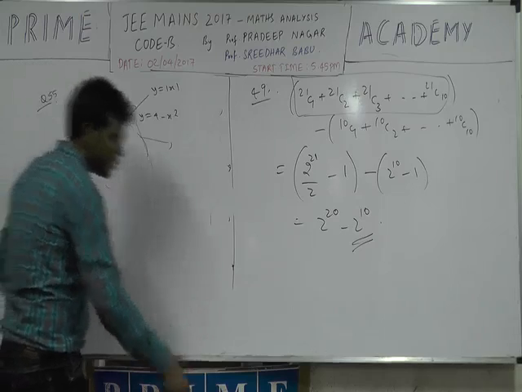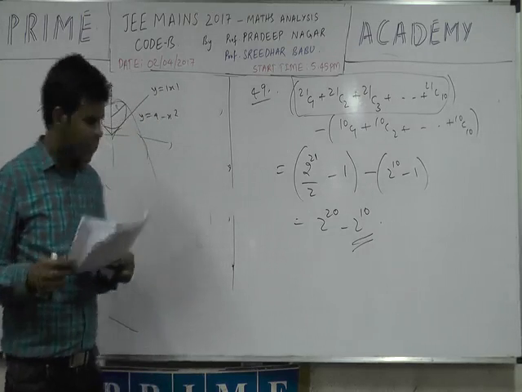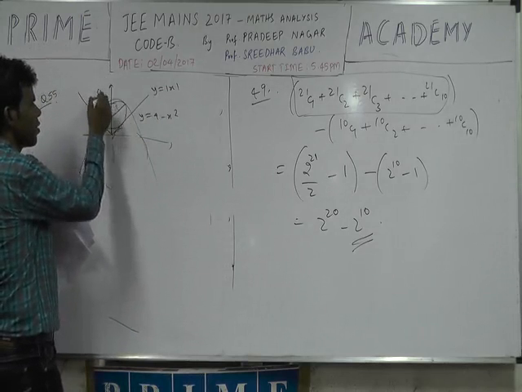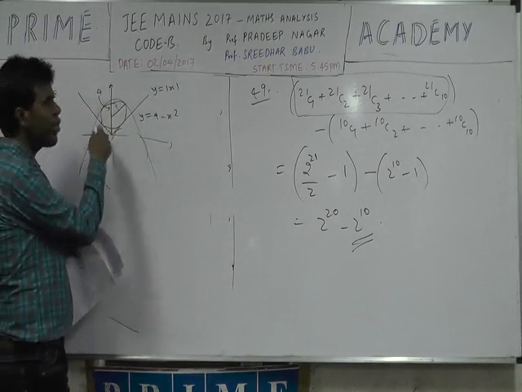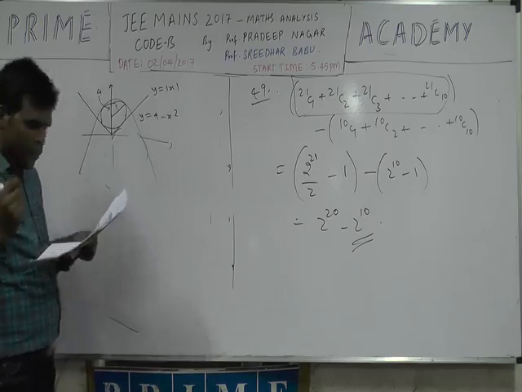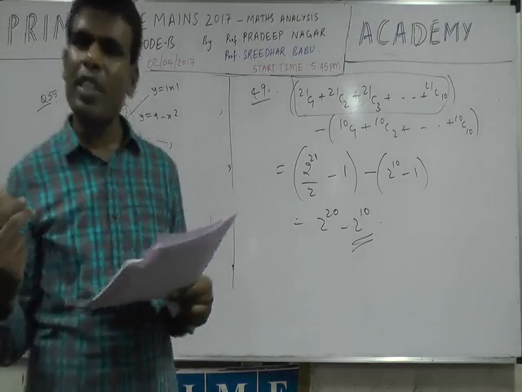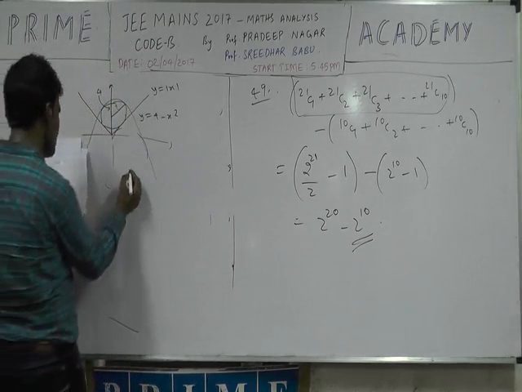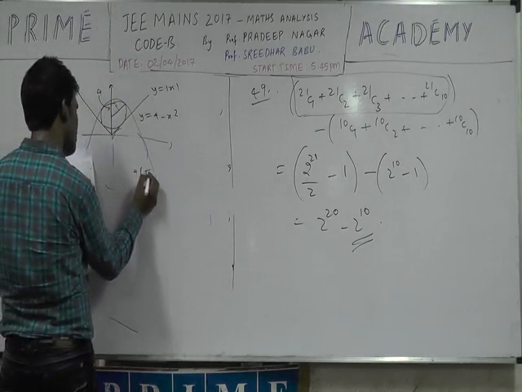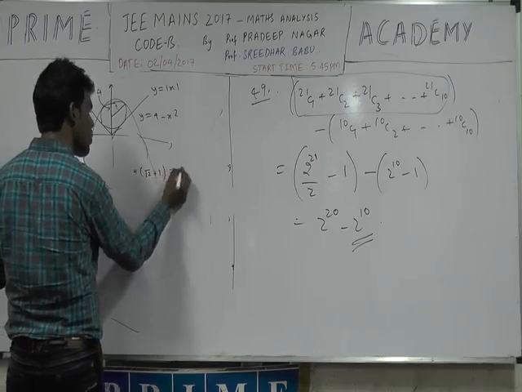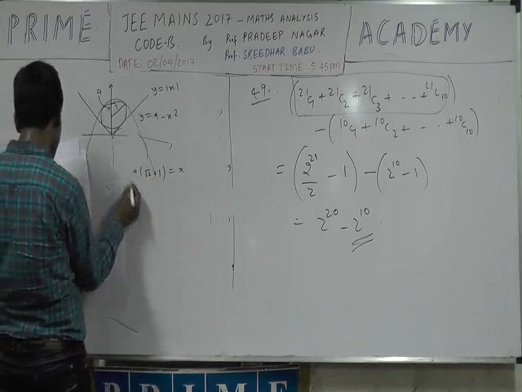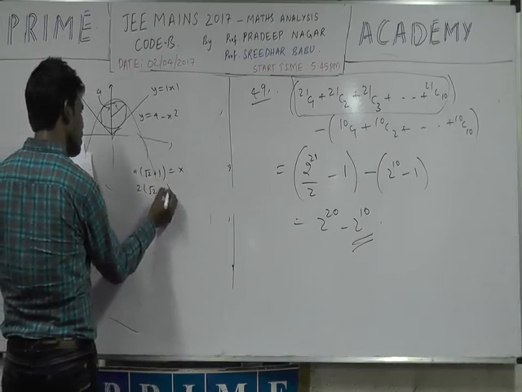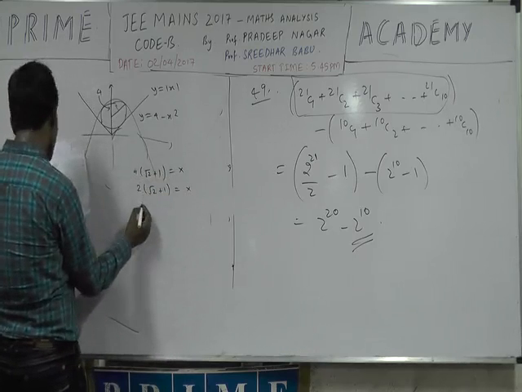It is advisable to go as per the options. You can see this entire length is 4, and the radius of the circle should be just less than 2. From these options, you can say that 4 times (root 2 plus 1) cannot be possible as it is very large for that particular range. Next radius is 2 times (root 2 plus 1), again not possible because it is more than 2.